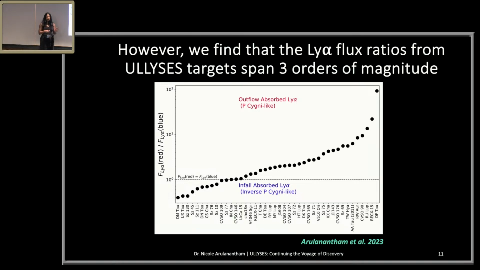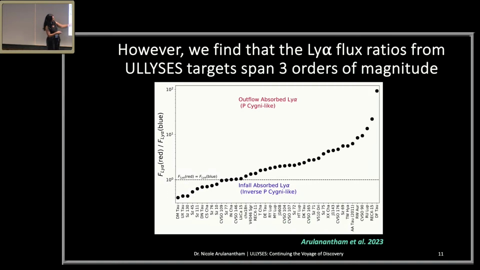These are very rarely symmetric Gaussian line wings. And so on the y-axis here, I'm plotting the ratio of Lyman alpha flux on the red side of the line to the ratio on the blue side of the line. And this dashed line here marks off where the profile would be symmetric. So even emission at plus or minus 0 kilometers per second.